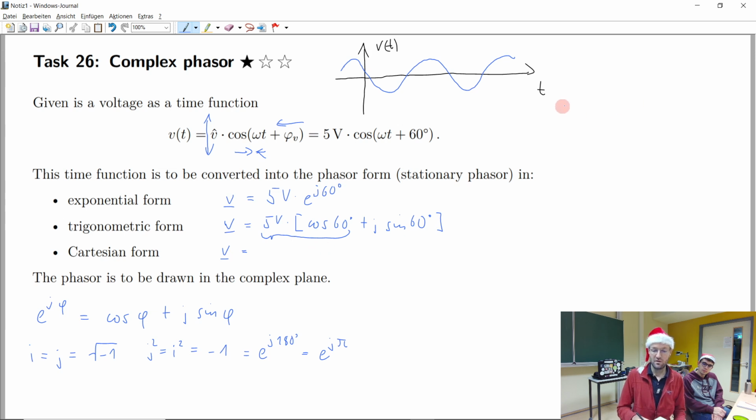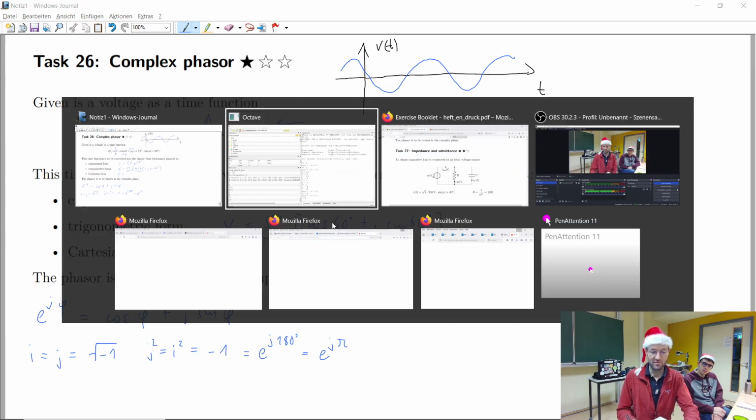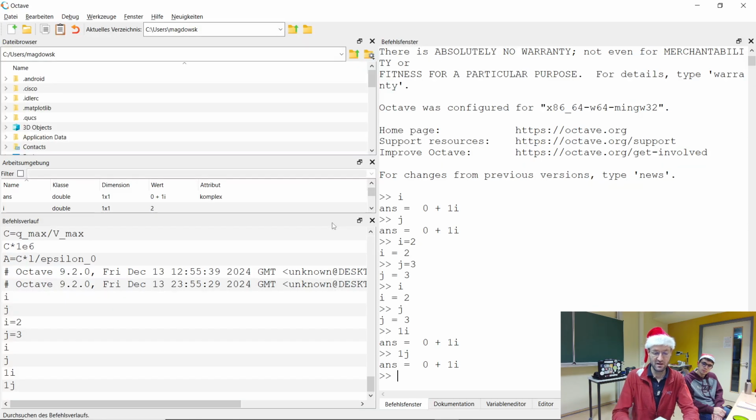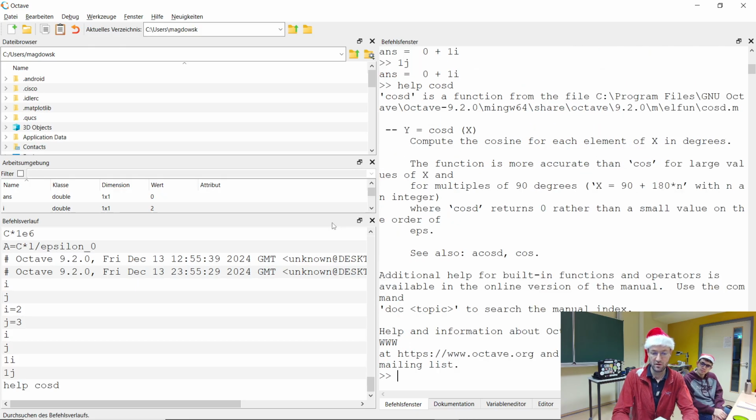And I could just do this in Octave. So if we have 5 times cosine, and the cosine for degrees is, I think, called cosd. This is a cosine function for the argument in degrees.